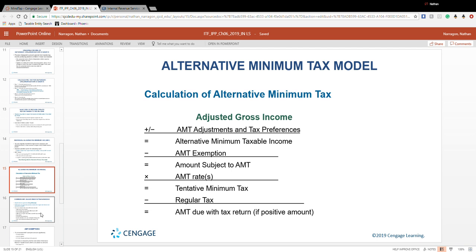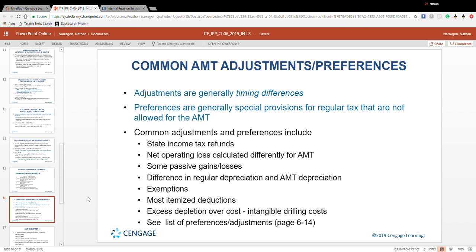So what are some of these exemptions and stuff like this? I mean, this is the simplistic version. So here, common adjustments are preferences that we get. A lot of times it's timing differences. They either happen at the beginning of the year or at the ending of the year, and so forth. And then there are special provisions for regular tax that are not allowed for AMT.